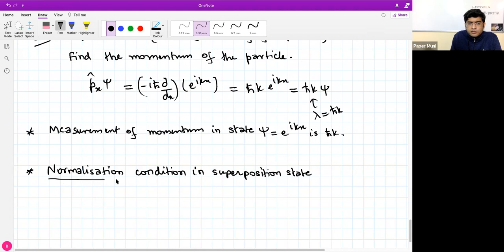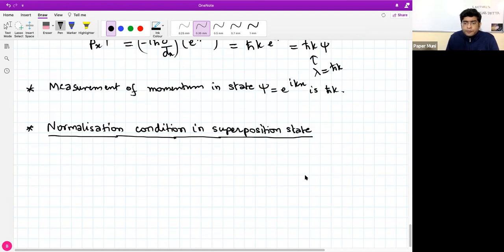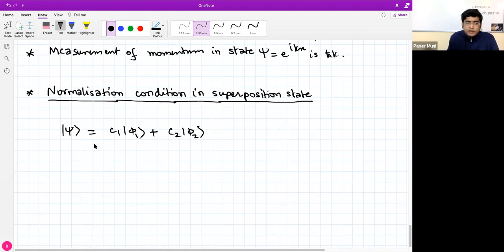All right. Now you can write a superposition state like this: psi is equal to c1 phi 1 plus c2 phi 2.